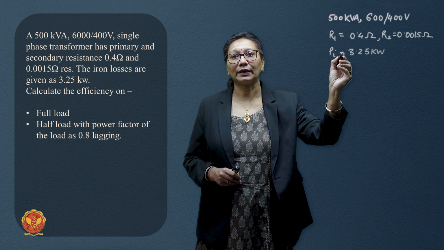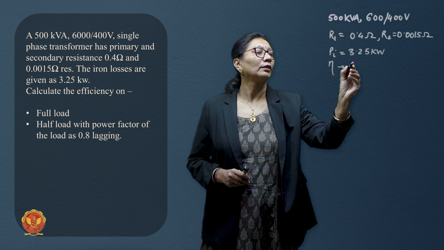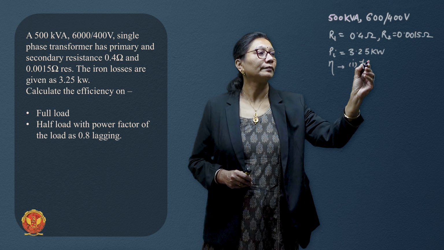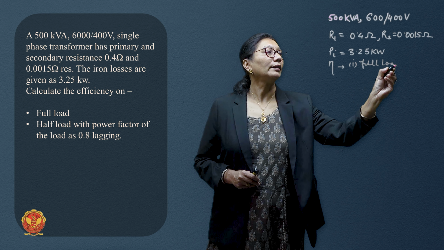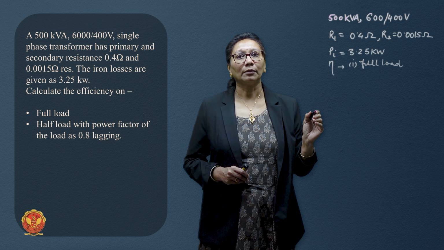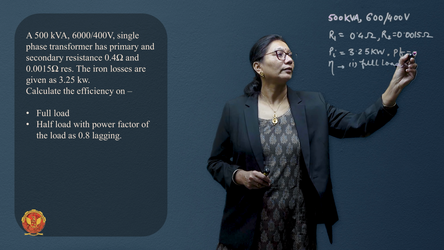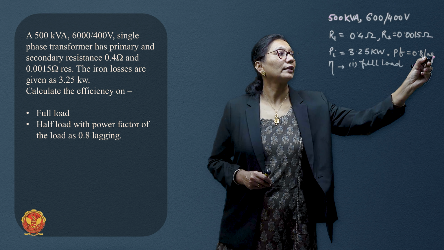We have to calculate the efficiency at full load. And second, we have to calculate the efficiency at half load with a power factor of the load as 0.8 lagging. So this is the data given.